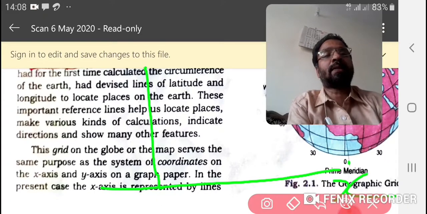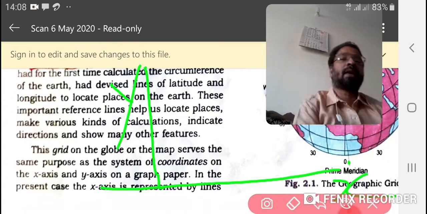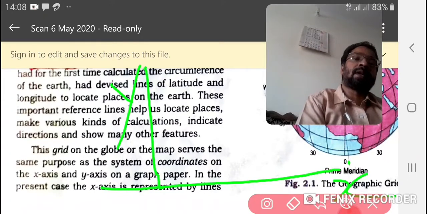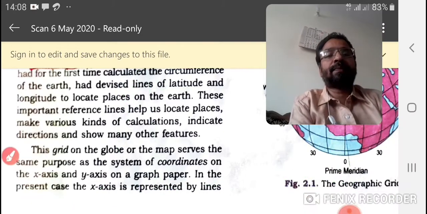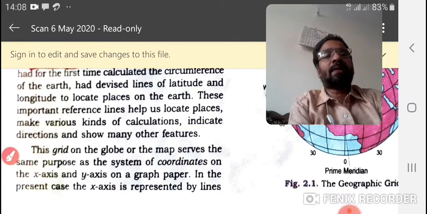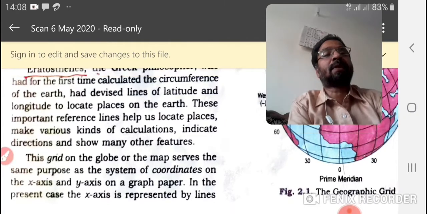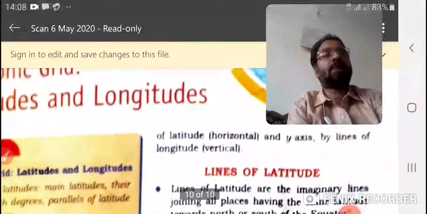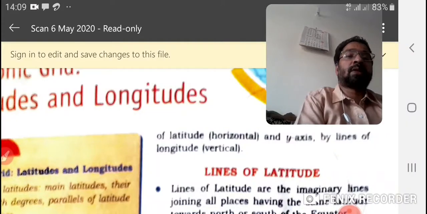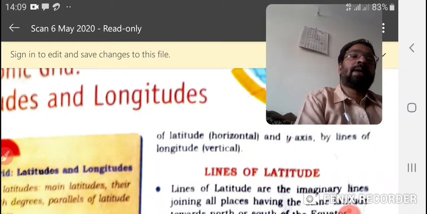X axis. This one is y axis, isn't it? The same method we use here too. In the present case, x is represented by the lines of latitude, that is horizontal, and y by lines of longitude, that is vertical.